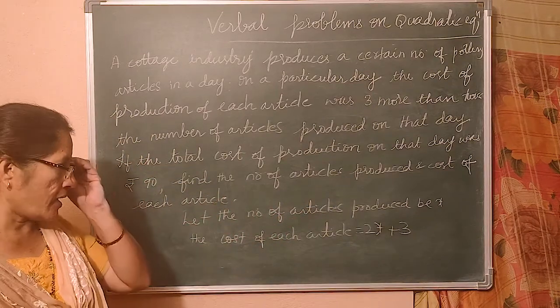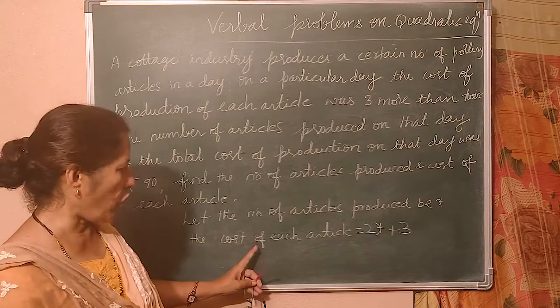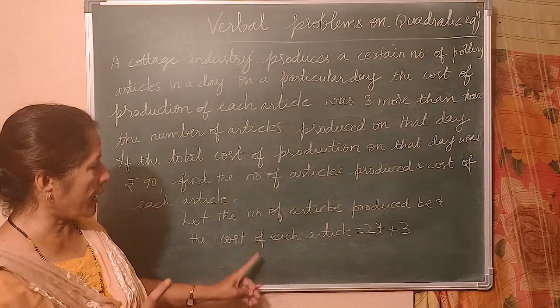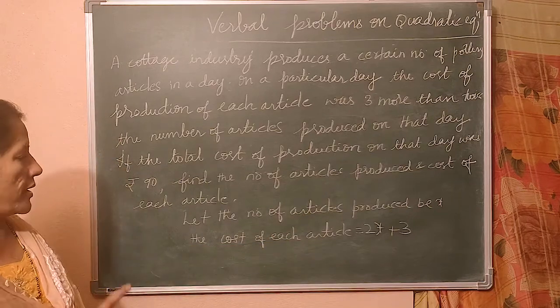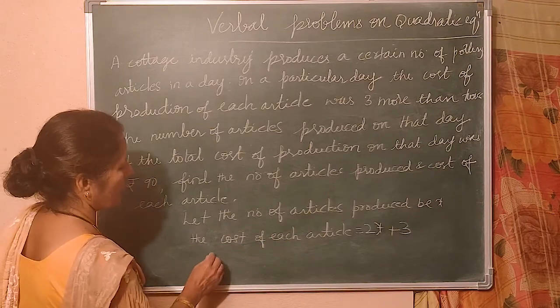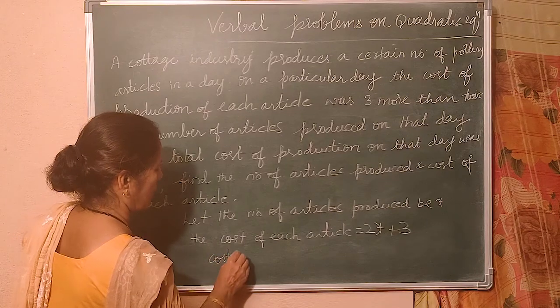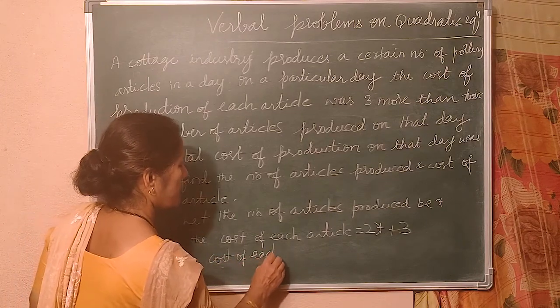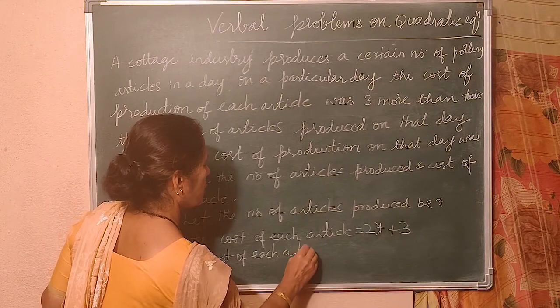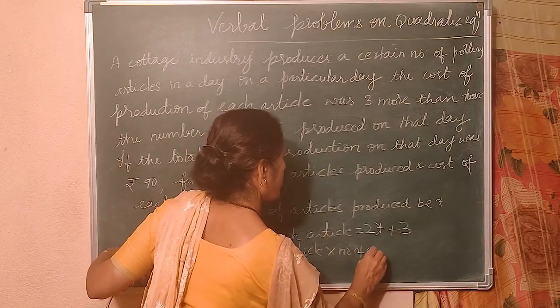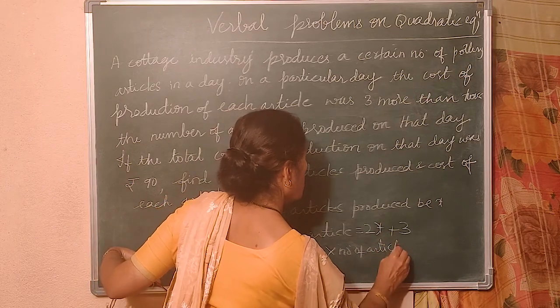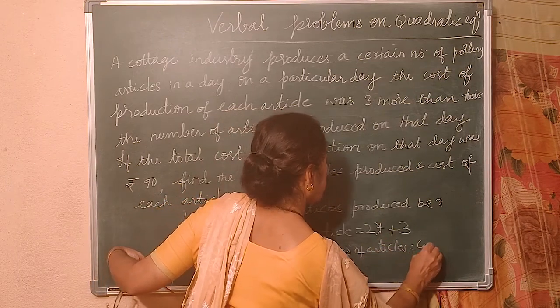Am I right? So, cost of each article into number of articles gives the cost of production. So, I write down cost of each article into number of articles is equal to cost of production.